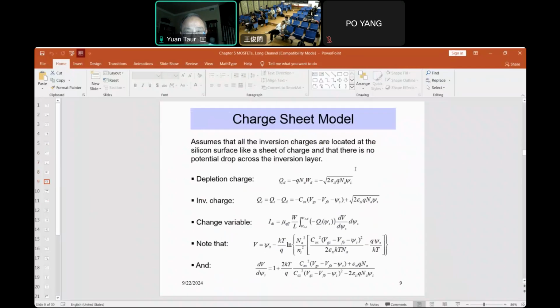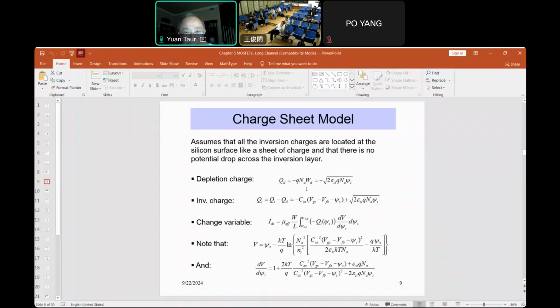But this model says that QD is given by this even if psi s is beyond 2 psi b. In fact, in chapter 4, we noticed that QD after strong inversion doesn't really change. That's just fine because psi s beyond 2 psi b doesn't change much either. So this is a good approximation in that respect.